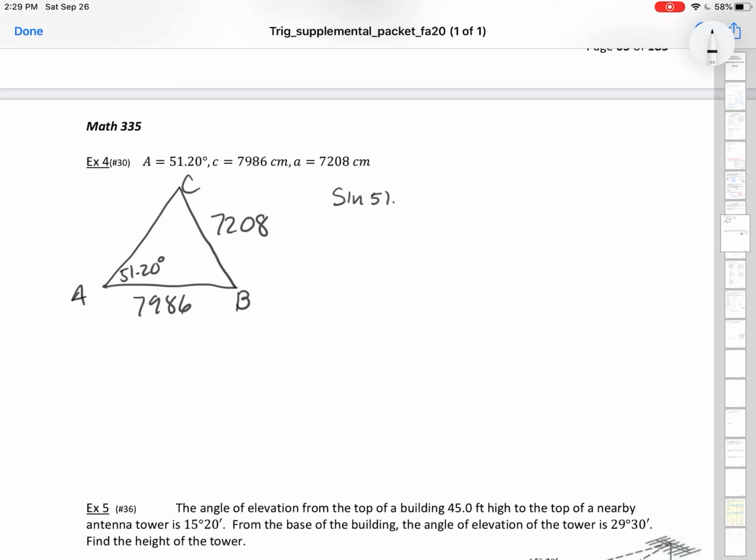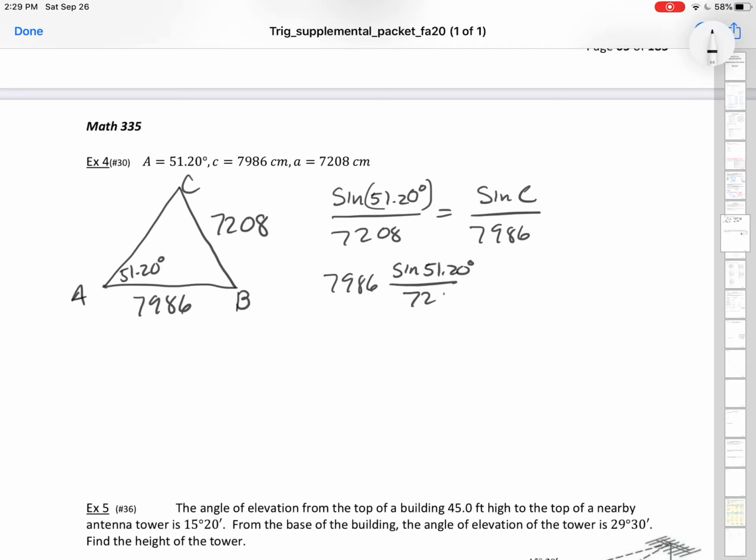Sine of 51.20 degrees all over 7208 needs to be equal to the sine of c all over 7986. And so 7986 times this sine of 51.20 degrees all over 7208 needs to be equal to sine c.